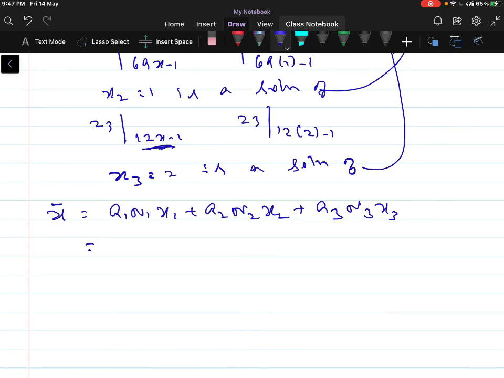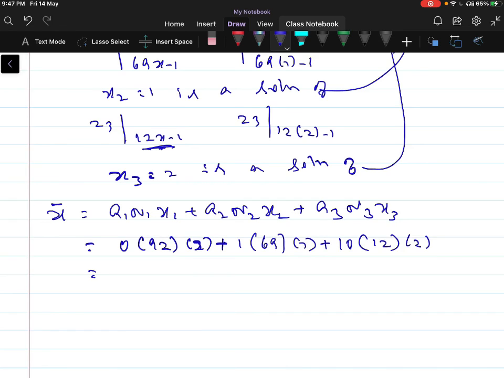So this is equal to, where a1 is 0, into 92 into x1 is 2, plus where a2 is equal to 1, N2 is 69, into x2 is 1, plus where a3 is equal to 10, N3 is equal to 12, into x3 is 2.